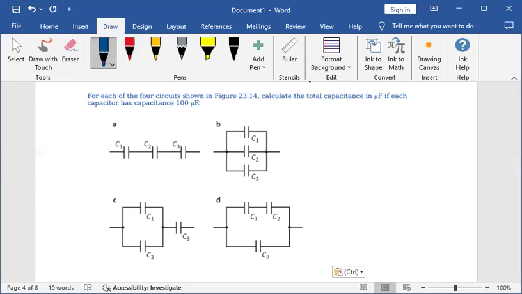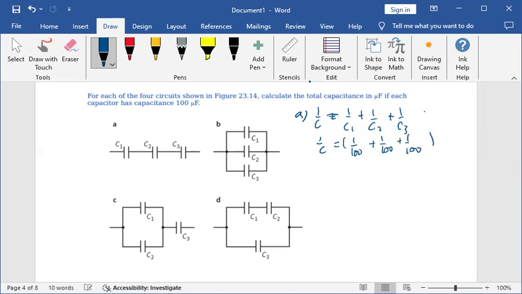Just for A, because these capacitors are in series, 1 over C equals 1 over C1 plus 1 over C2 plus 1 over C3. So 1 over C equals 1 over 100 plus 1 over 100 plus 1 over 100 in microfarad.